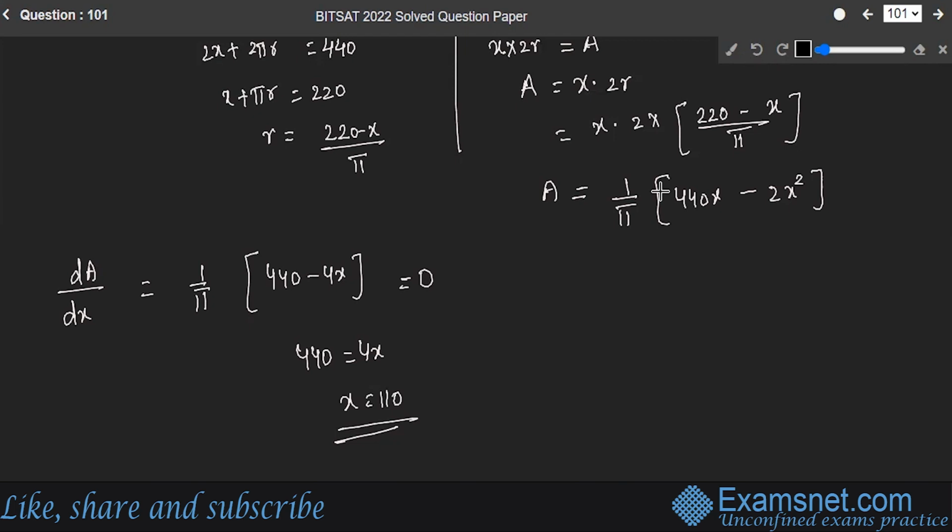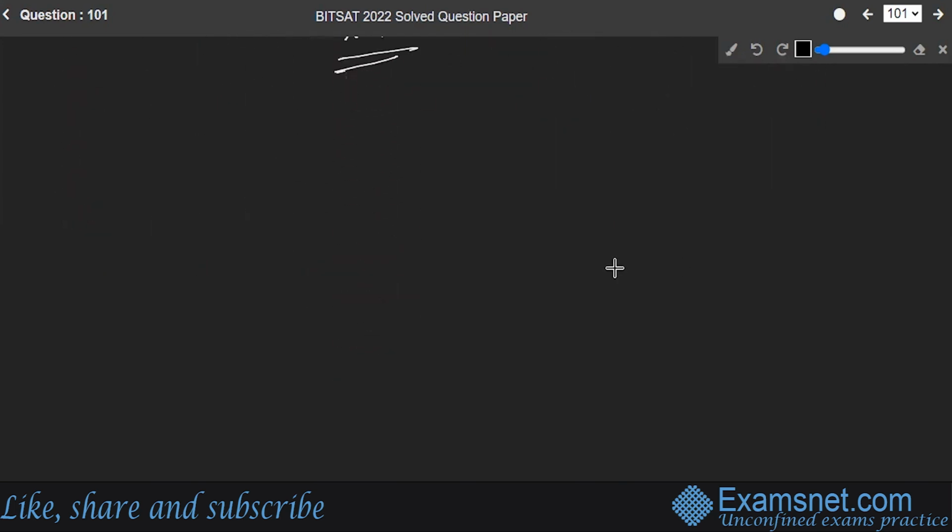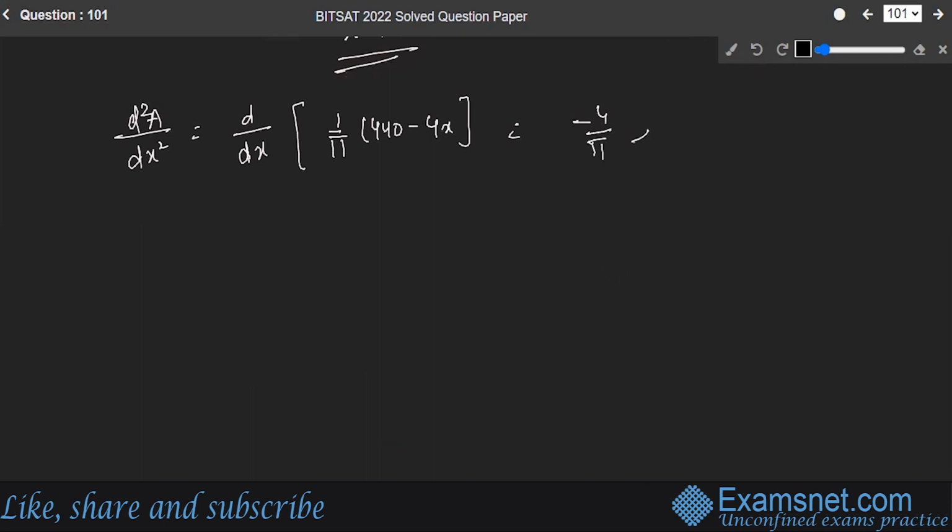Let's go with the second derivative of area with respect to x. This will be d by dx of 1 upon pi into (440 minus 4x), which is equal to minus 4 upon pi. That is a negative number, so the area is maximum at x is equal to 110.